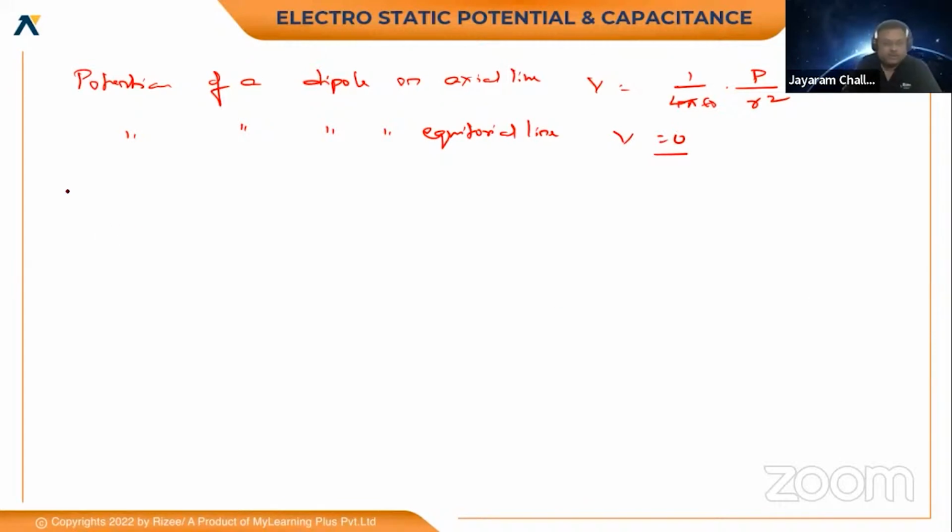Now coming to another section, that is capacitance. So what is this capacitance? Actually, the capacitor or the capacitance is a device used to store the electrostatic energy.